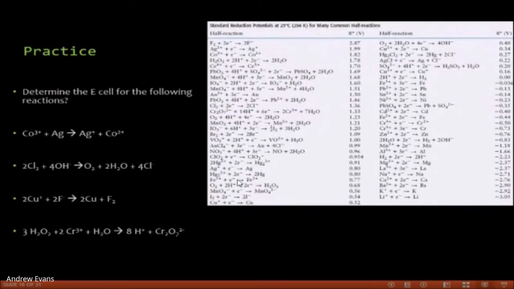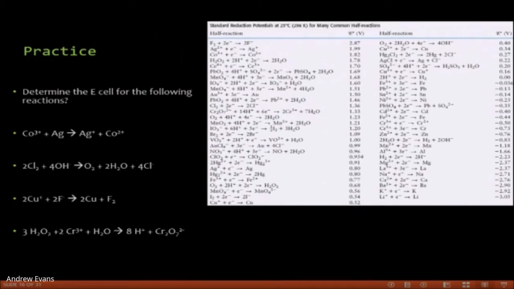So just to do this, I may not be able to easily switch between the doc cam, but I'll try. Cobalt 3 plus and silver goes to silver plus 1 and cobalt 2 plus.